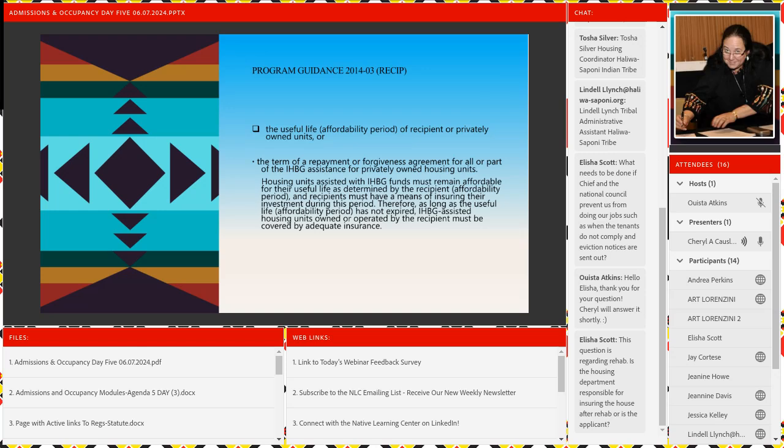Affordability period and recipients must have a means of ensuring their investments during this period. Therefore, as long as the useful life or affordability period has not expired, the block grant assisted housing units owned or operated by the recipient must be covered by adequate insurance.